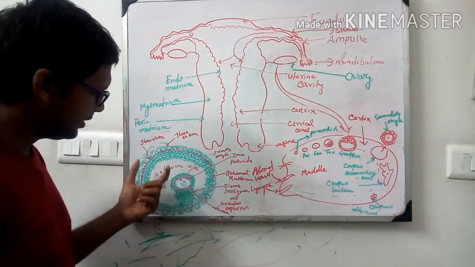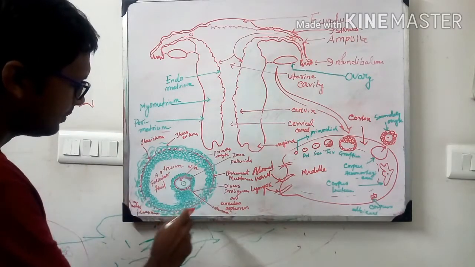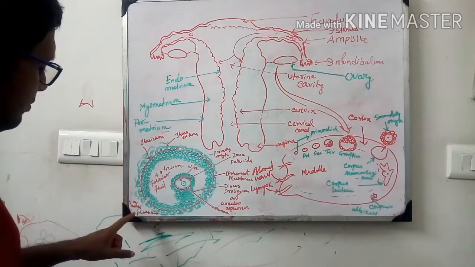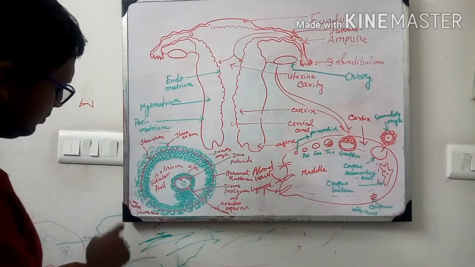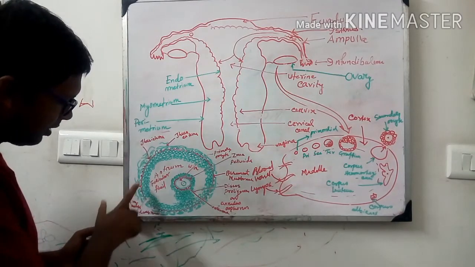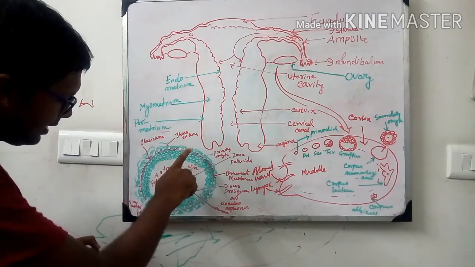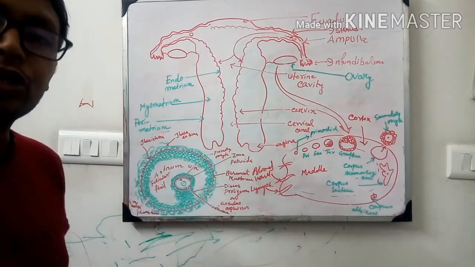Now, the basement membrane is there, red colored. And just below the basement membrane, these are called granulosa cells. These granulosa cells are actually producing the estrogen hormone.